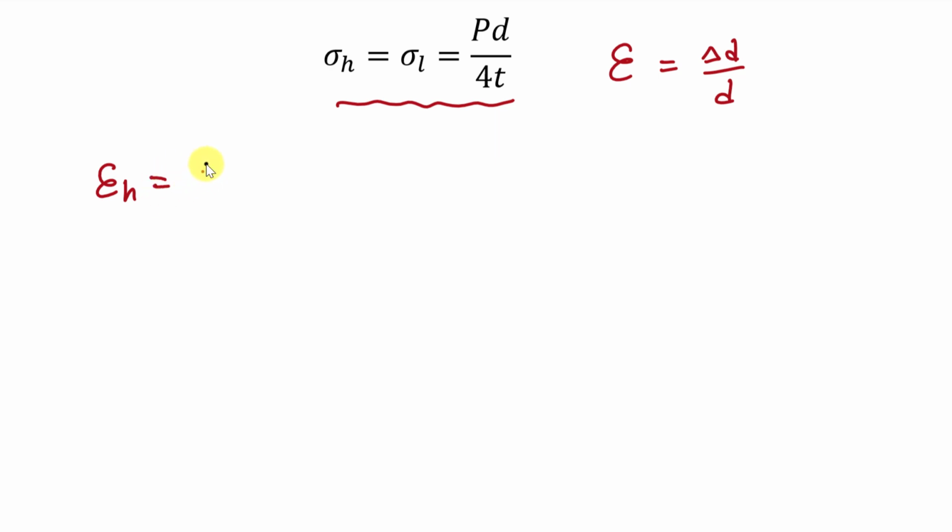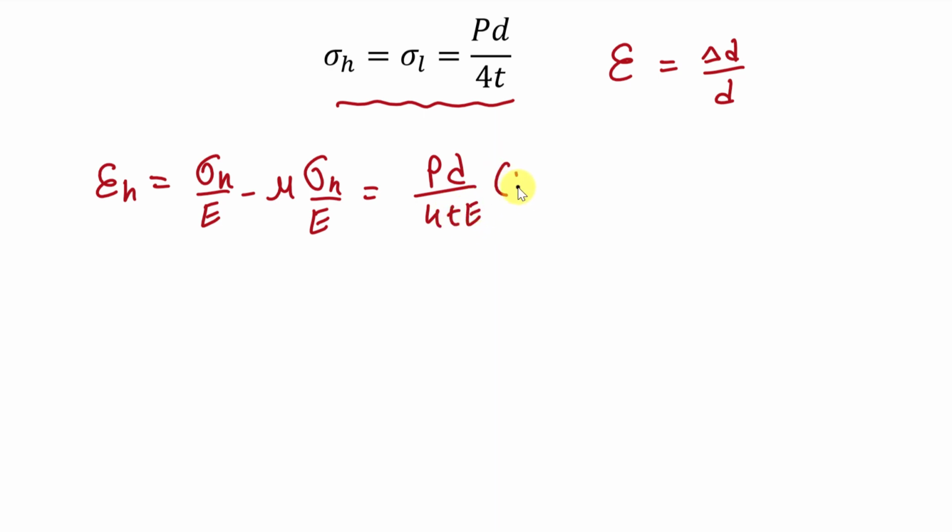That will be equal to sigma h divided by E minus mu into sigma L divided by E, or we can also write that sigma h divided by E into (1 minus mu), because these both are same. And here if you put value of sigma h, then you will get PD by 4tE into (1 minus mu). So this is the value of strain in all the three directions.